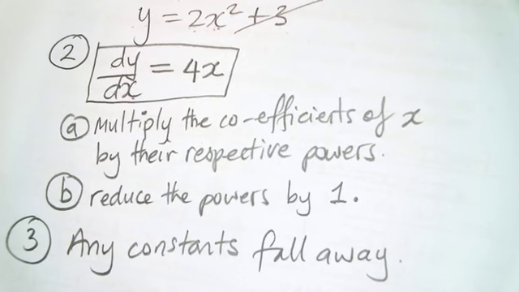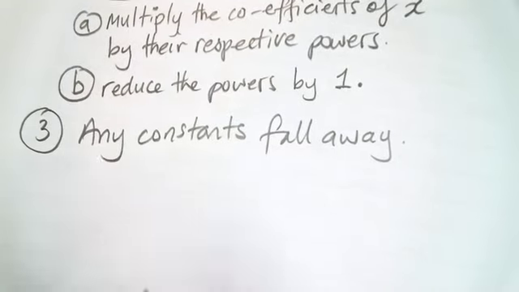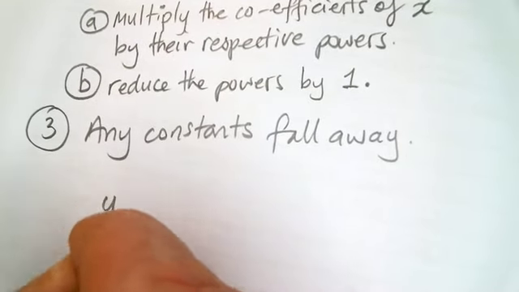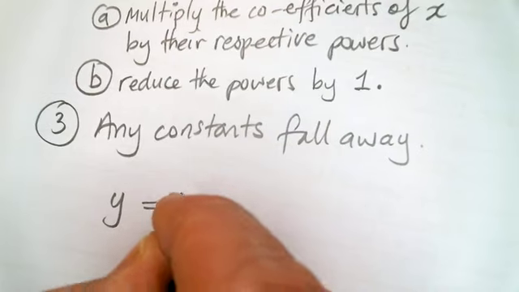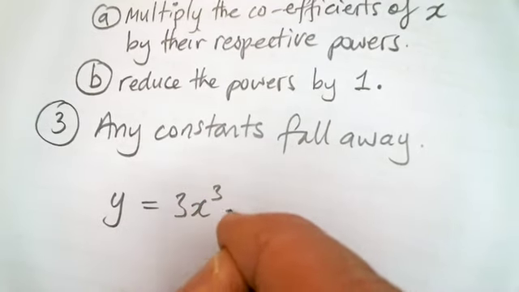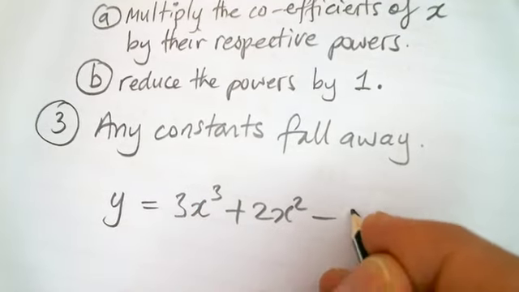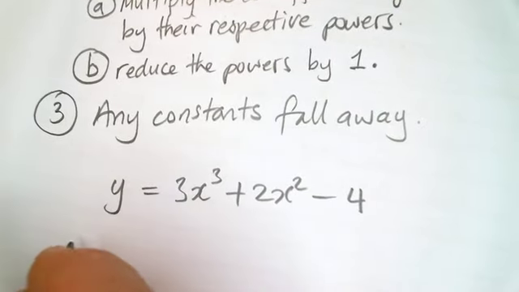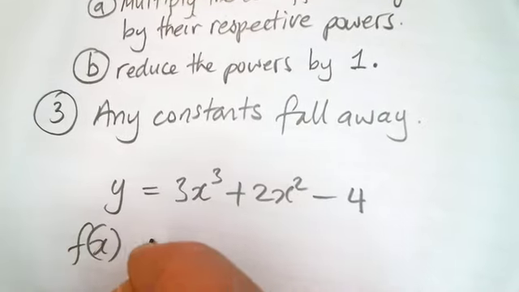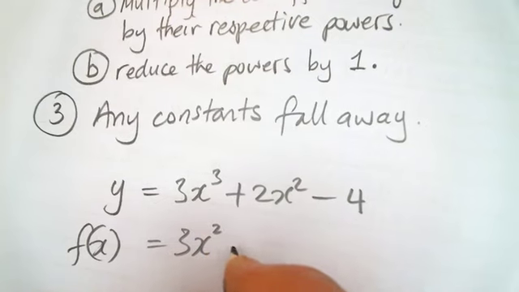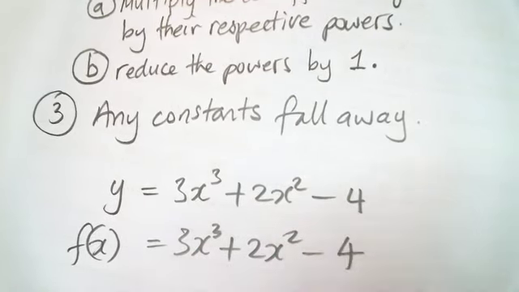Now I'm going to apply these principles to a whole bunch, and again, get you to have a go at doing these. You'll also notice some different ways of expressing a function. So for example, let's say the function is not y is equal to, let's say, f of x is equal to 3x cubed plus 2x squared minus 4.